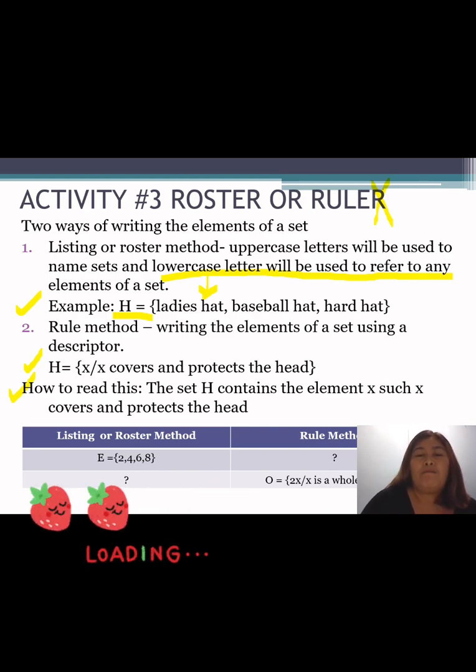So again, these are the 2 ways of writing the elements of the set. So, which do you think is easier? For me, it's listing. But, it's up to you. How will you write the elements of the set? Okay?